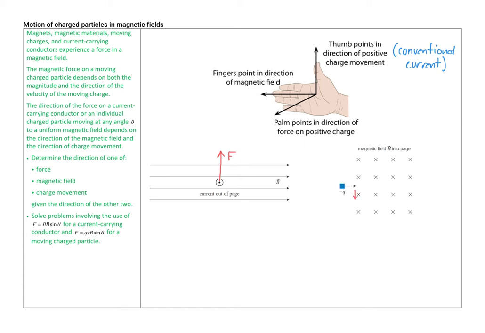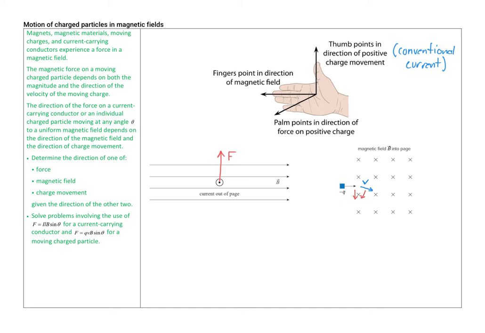Now that's going to cause the direction of the velocity, let's use blue for the velocity vector here, to change, and that's going to then mean the force will be like that. We'll talk about more of this in the next slide.